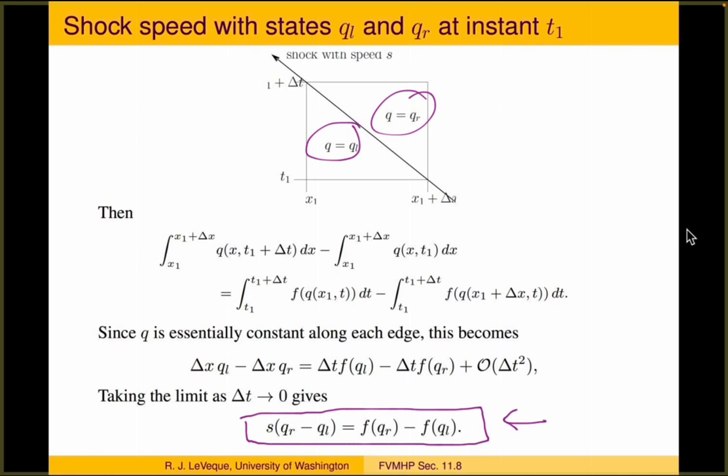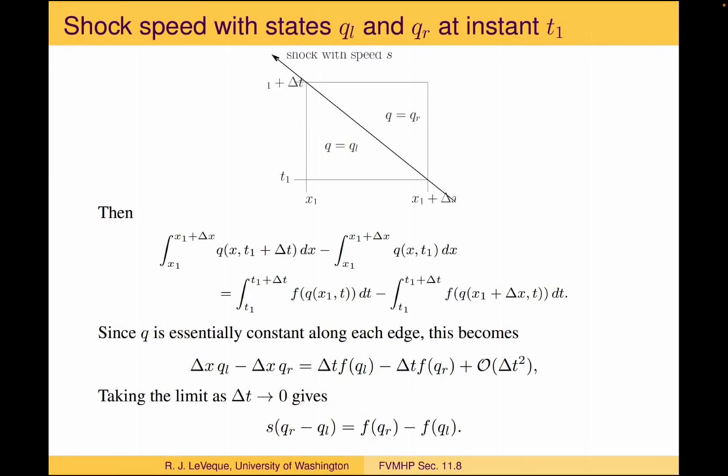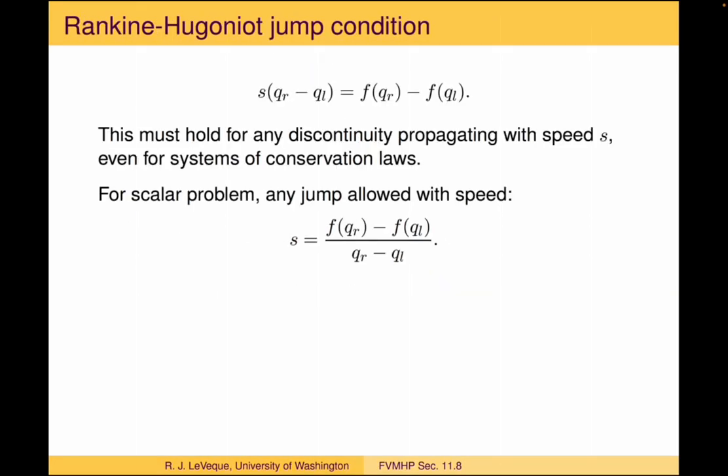So it says that the speed times the jump in Q has to equal the jump in flux, and that's required for any discontinuity that's propagating in a weak solution of the conservation law, because it's required simply by the conservation condition. So in the case of a scalar equation, you can just solve for s.